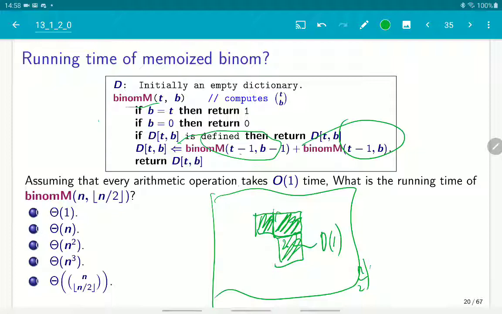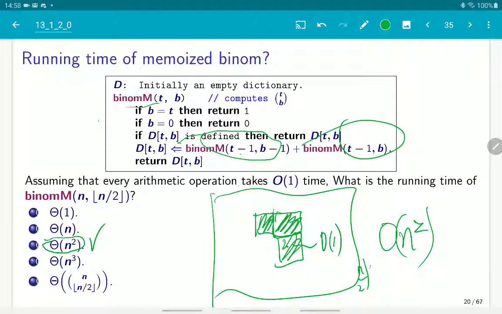A constant amount of work. And we are filling a quadratic number of cells, n squared, because we saw that this is the number of distinct recursive calls. If you want, this is the number of values that are going to be stored in the dictionary data structure. So the overall running time of this procedure is quadratic.